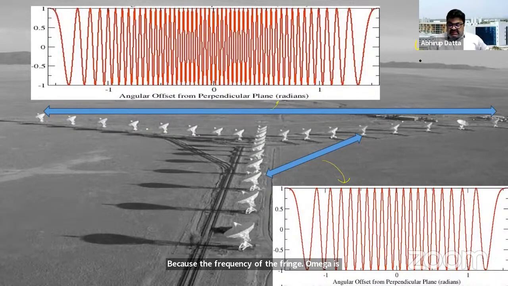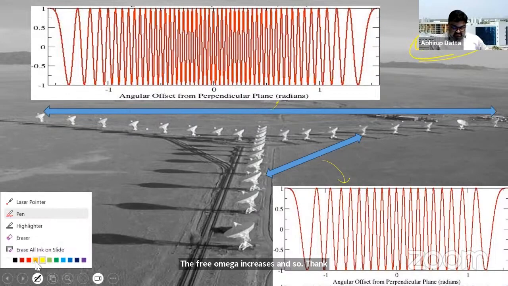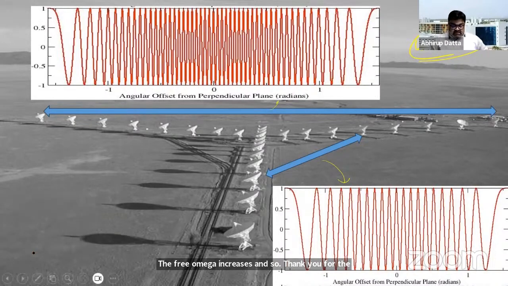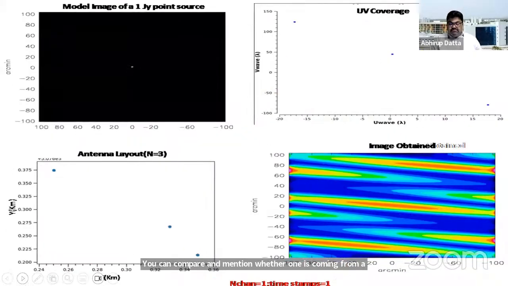So as the baseline increases, omega increases, and that is pretty obvious. All right. So you have different kinds of fringes. By looking at the fringes, you can compare and say whether one is coming from a shorter baseline than the other one.